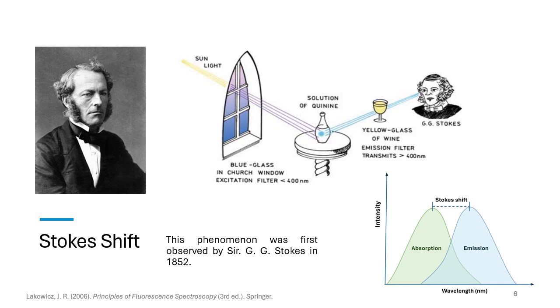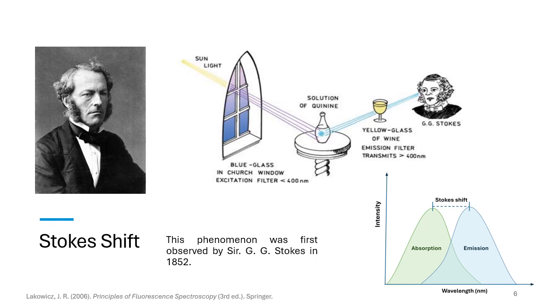This phenomenon was first observed by Sir J.J. Stokes in 1852. His experimental setup was quite simple. He used sunlight as the source of excitation, and a stained glass window was used as a filter.